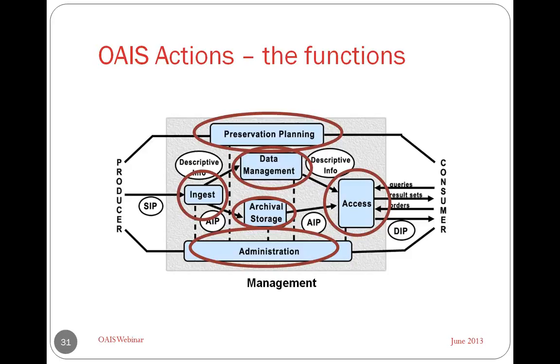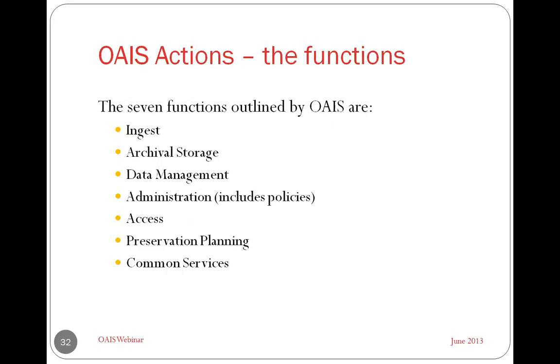Excellent. So now we're going to talk about the OAIS functions, or what actually happens in the middle of all of this. Now, there are 7 groups of actions or functions outlined in the OAIS. We will review 6 of these functions and what they do, but we're not going to go into great detail.